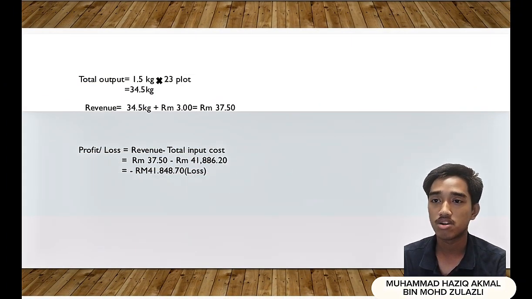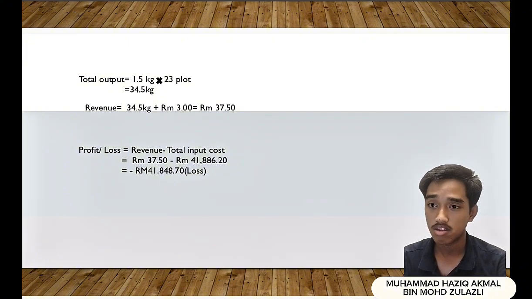Total output equals 45 kg multiplied by 23 plots equals 34.5 kg. Revenue equals 34.5 kg multiplied by 3 ringgit equals 37 ringgit 50 cents.